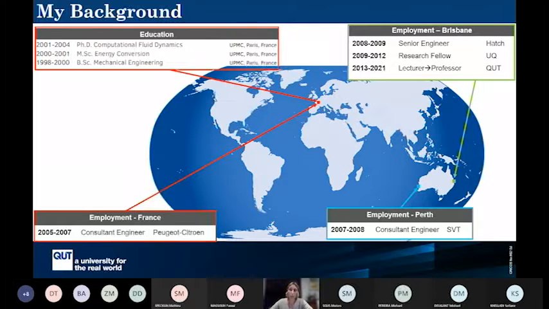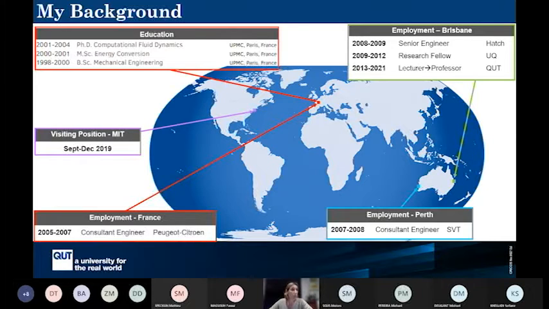Then I moved to Brisbane, where I initially worked with another engineering company before moving back as a research fellow at the University of Queensland, from where I obtained a fellowship that allowed me to get an ongoing position at QUT, so Queensland University of Technology, and I've been there since 2013.